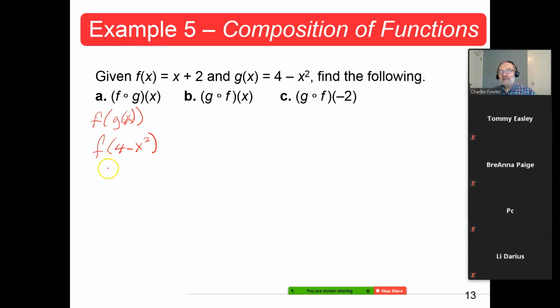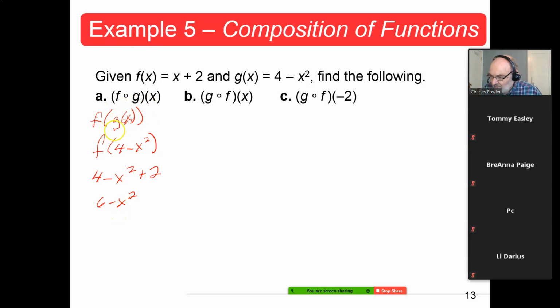Okay, now that's what you're operating on with the F. What did the F function say? Take what's in the parentheses here and add 2 to it. So we'll take what's in parentheses there, 4 minus X squared, and add 2 to it. Right? So that's going to be 6 minus X squared. There's your composite F composed with G of X.